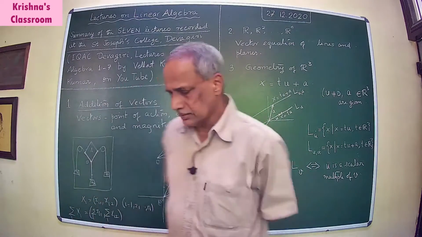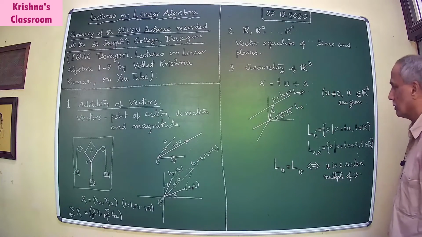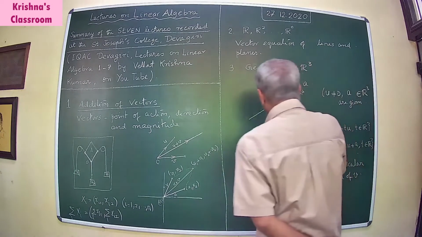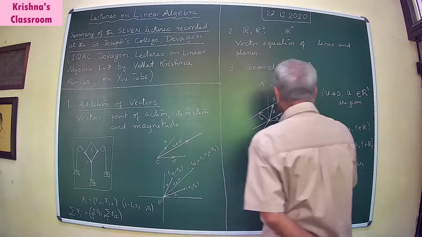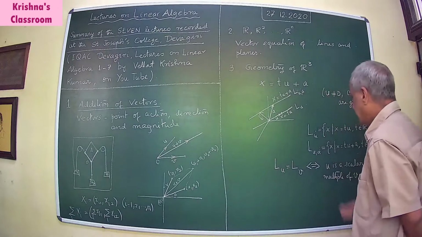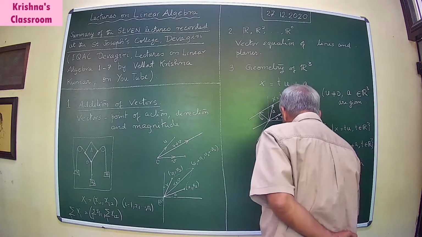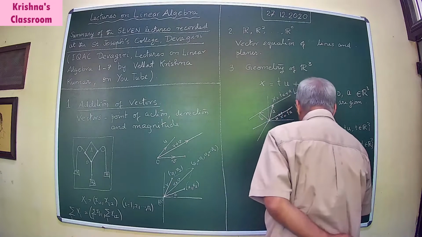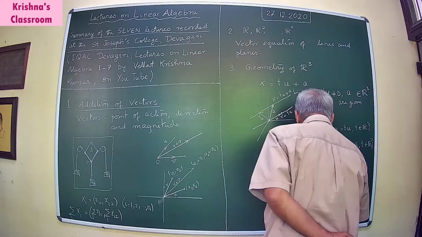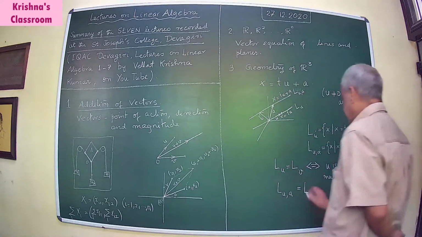The second question that you ask is this. If you want to use a vector B here, you see that L_UA may be equal to L_VB, and when does this happen?